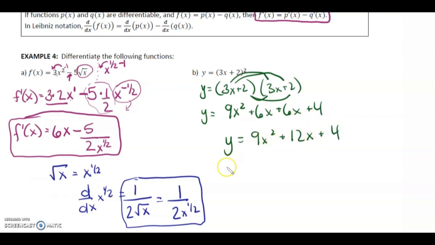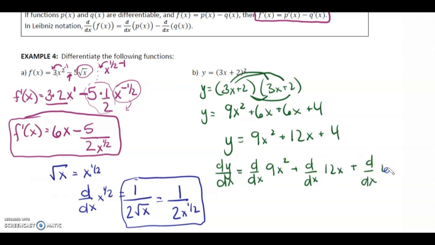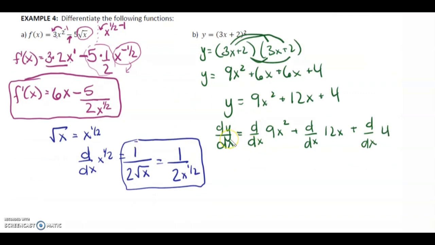So dy by dx is going to be d by dx of 9x squared, and then d by dx of 12x, and then d by dx of the constant 4. Okay, so first let's differentiate 9x squared.